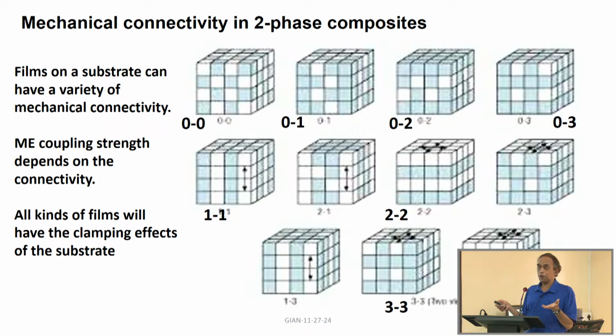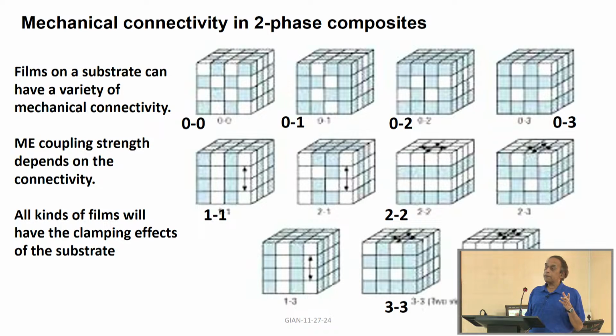So, it is a 0 connectivity to itself for phase 1. The same way for phase 2, it is not connected to itself in any of the three directions. So, it is a 0-0 composite. For 2-2, these are 2D layers of phase 1 and phase 2. They are connected to themselves in 2 dimensions, so you represent this by 2 and 2.